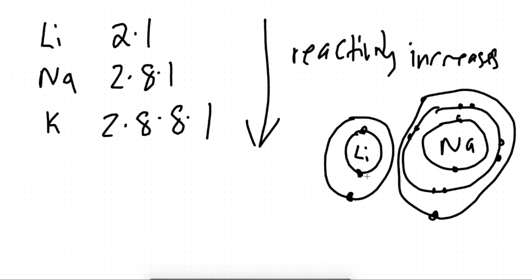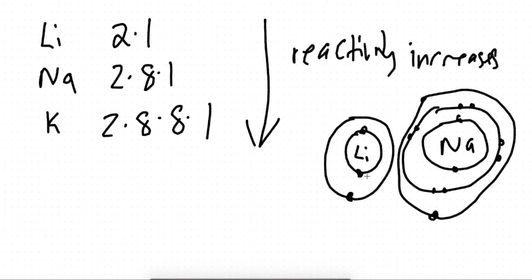And obviously for potassium, it has 4 shells. The distance between the valence electron and the nucleus is going to be even greater. The greater the distance between this valence electron and the nucleus, the greater the ability to lose the electron. Think about it logically, guys.